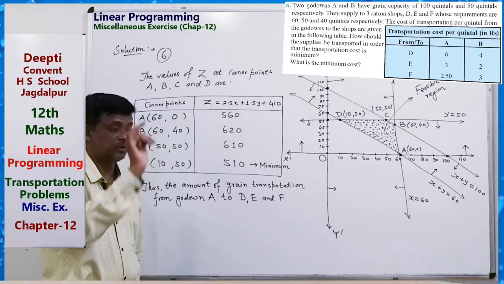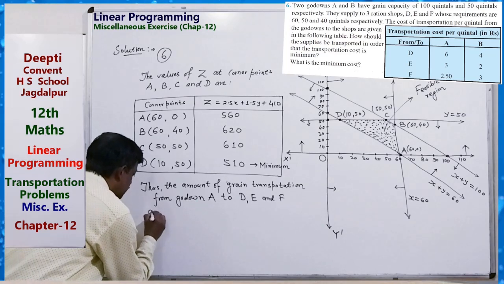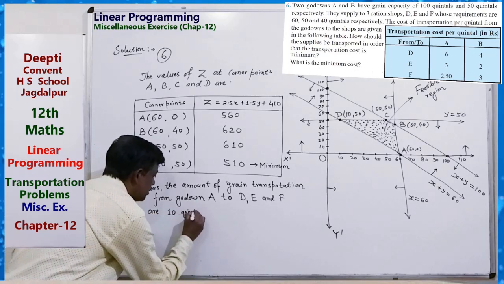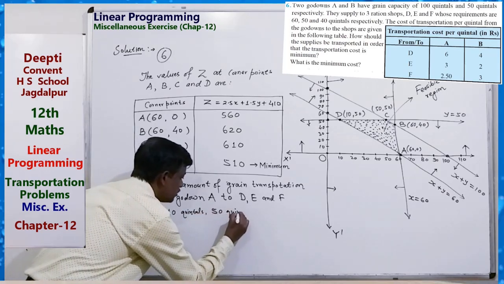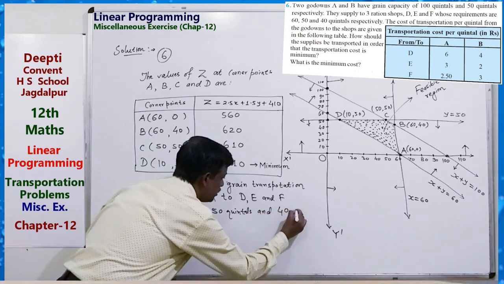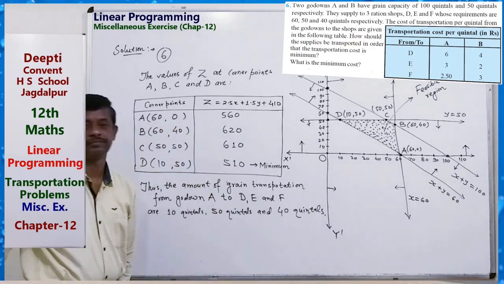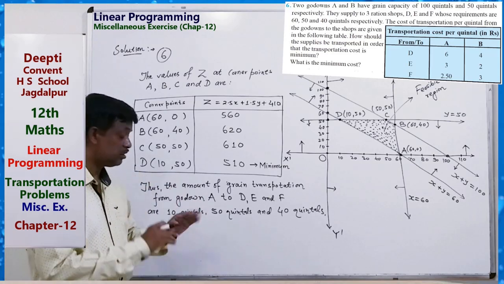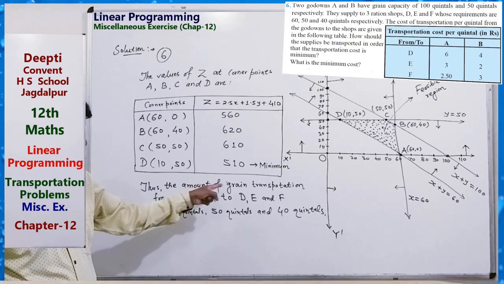So 10, 50, 40 are 10 quintal, 50 quintals, and 40 quintals. This is how much grain should be supplied to D, E, F from godown A.